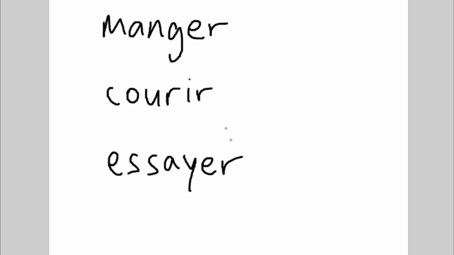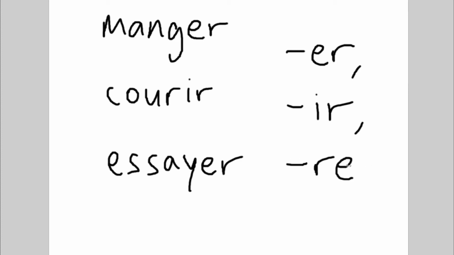There are three endings that you will see in the French language: ER, IR, and RE. The most common one is ER, and this is the one we will be discussing today. We will talk about the others in future videos. So today we're just going to conjugate verbs with this ending.